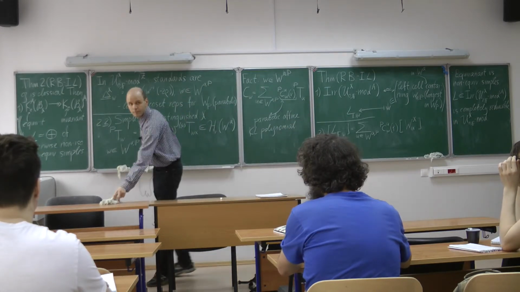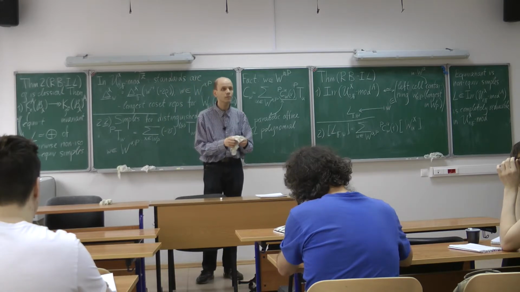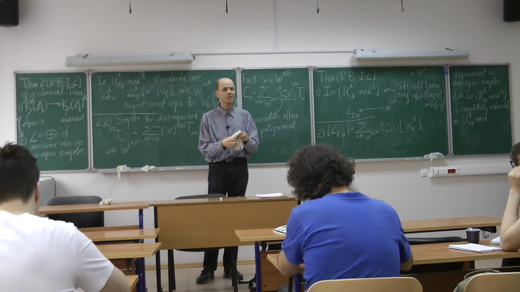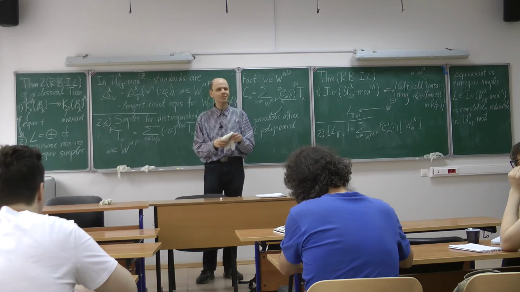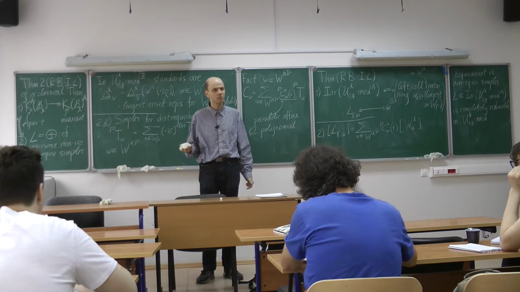Whether these simples are of the same dimension? Sorry, can you say again why one, why two? It's not so simple. I mean, it follows from derived localization for representations.